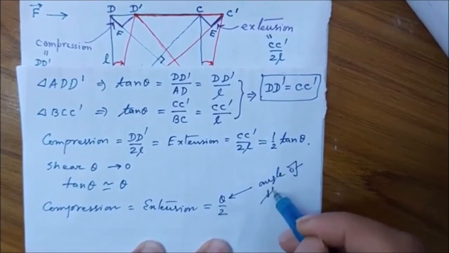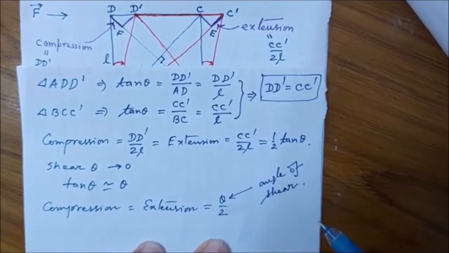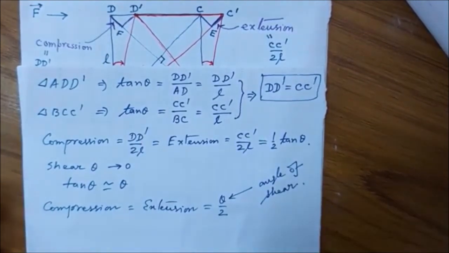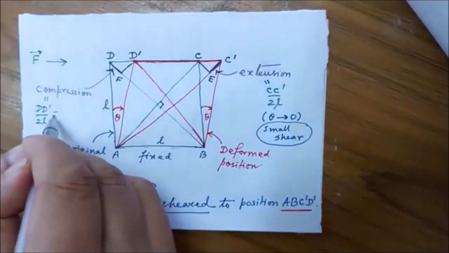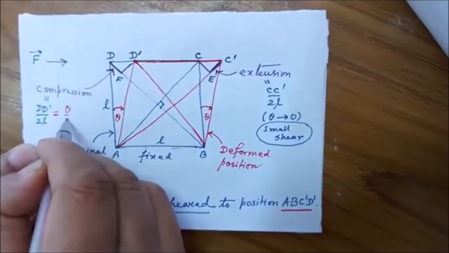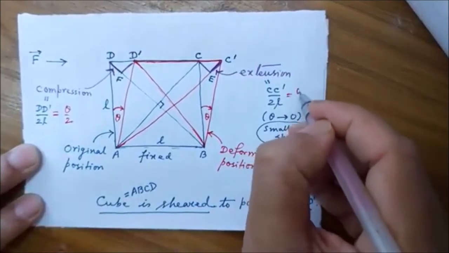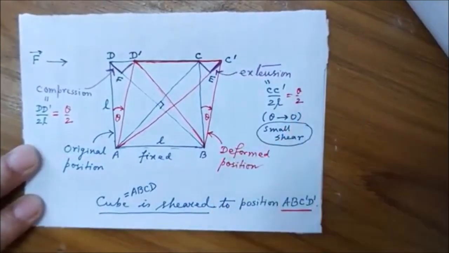Angle of shear. So let us write as a gist. So this is theta by 2, and this is also theta by 2.